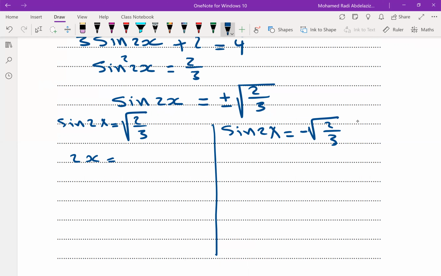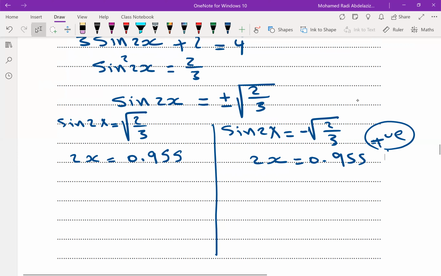You can write your answer to 3 significant figures in radians. You will get 0.955. By the same way, the basic angle is 0.955. Be careful: when I say basic angle, I use only the positive value. Then we'll find all the cases.